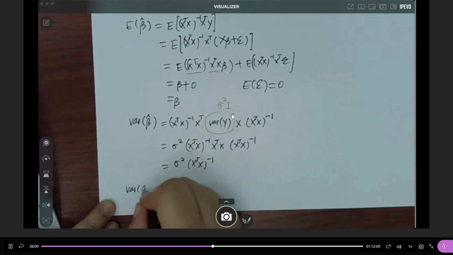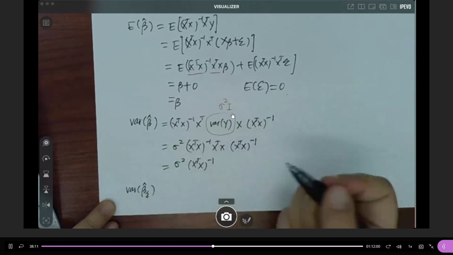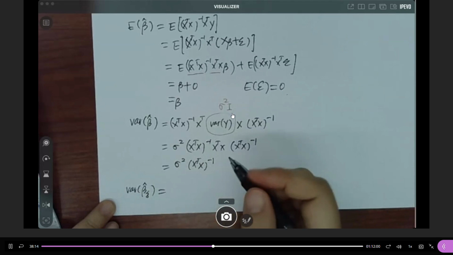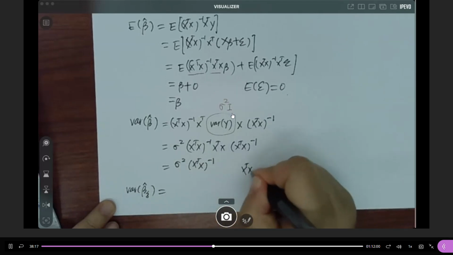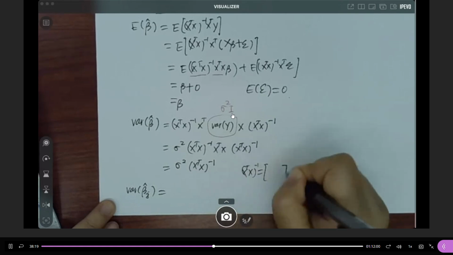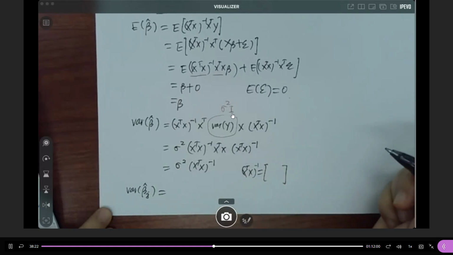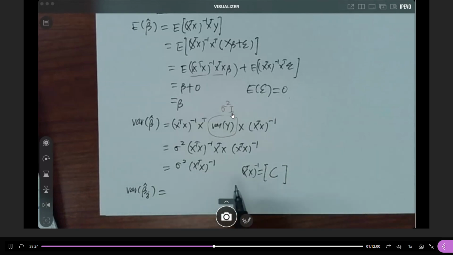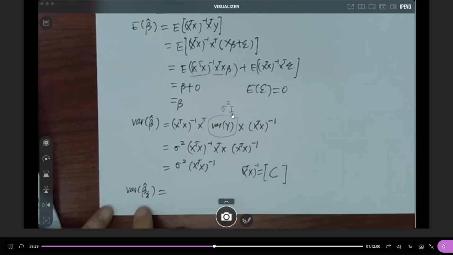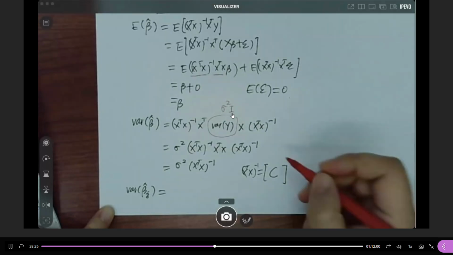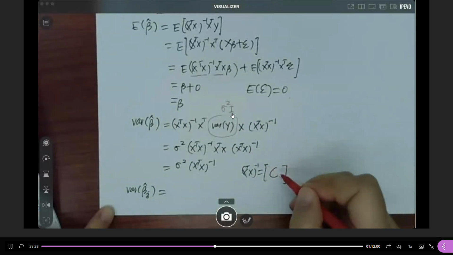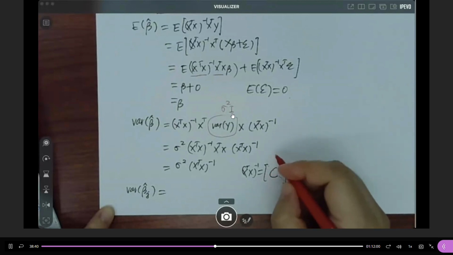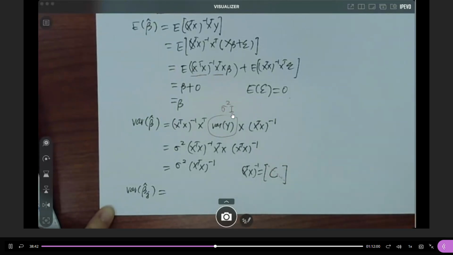So how do you get the variance and the covariance? The variance of each beta j hat comes from the diagonal position. Let's say I redefine (X transpose X)^(-1) as a new matrix C. I want the variance of the jth element, which will be at the jth diagonal position. The variances all come from diagonal positions.